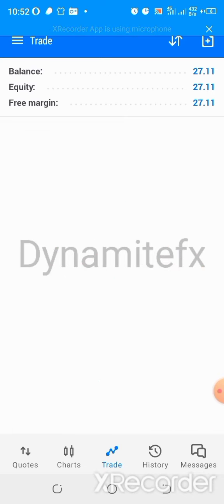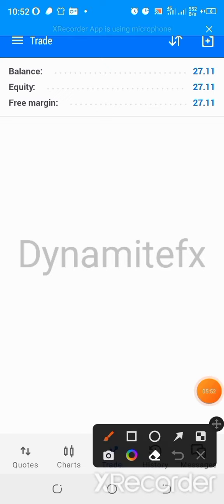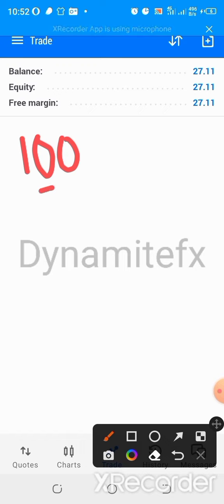So also, if you were trading a $100 account, if $20 could do 1.0, a $100 account would do 5.0.